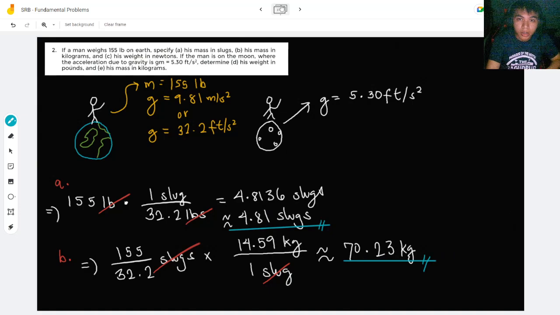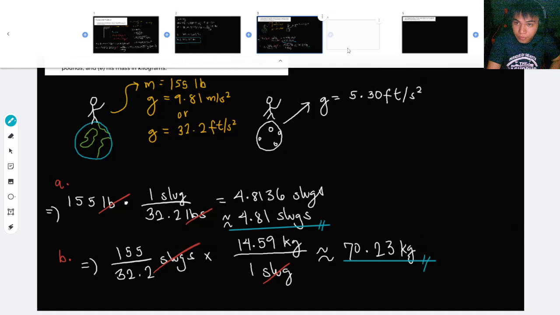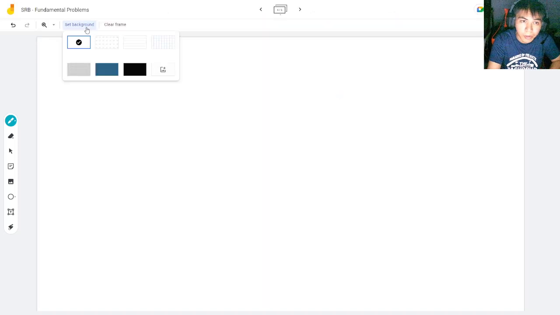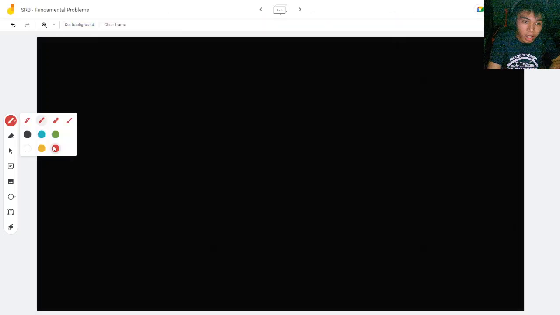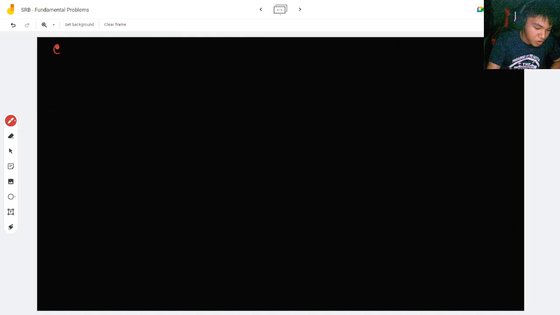Okay. Now let's make another frame, and we will be answering part C. For part C, we have to compute the weight in newtons. So again, we will use the formula weight equals mass times the gravitational constant.